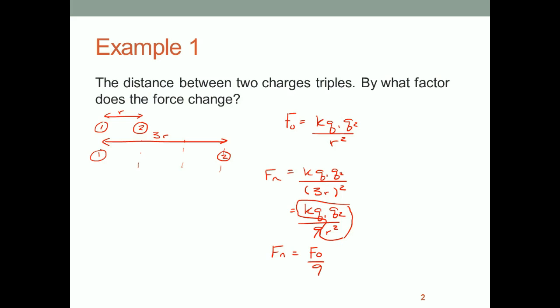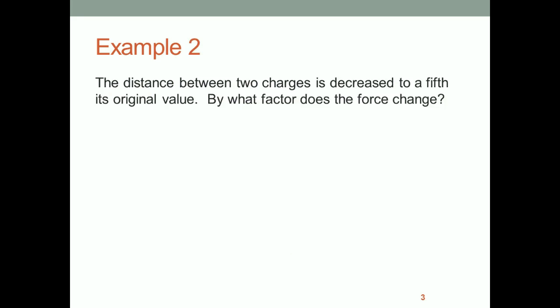And this question hopefully looks very similar to what we saw when we were working with the law of universal gravitation. Let's do one more example like this. In this case, we're decreasing to a fifth. So here is charge 1, here is charge 2.